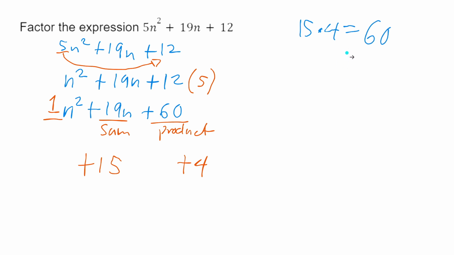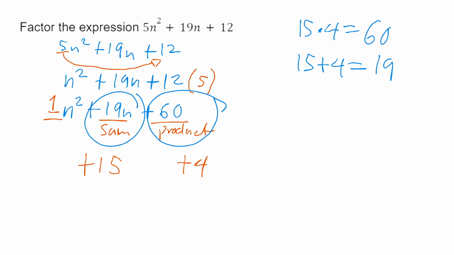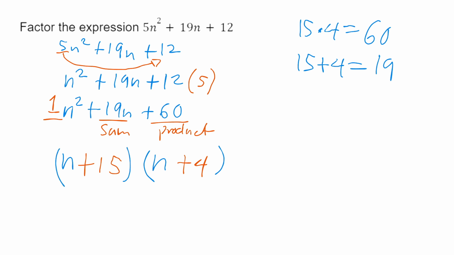What is 15 plus 4? That is 19. What's the product again? 60. It's correct. What's the sum? 19. It's also correct. Okay. What's the variable here? The variable is n. There you go.